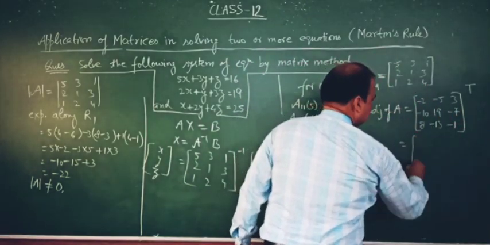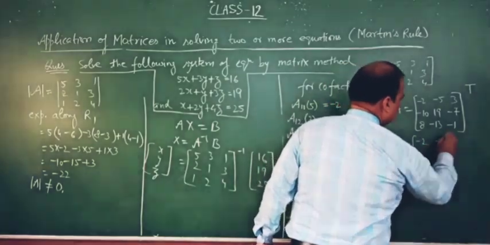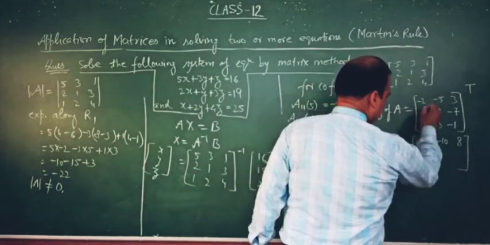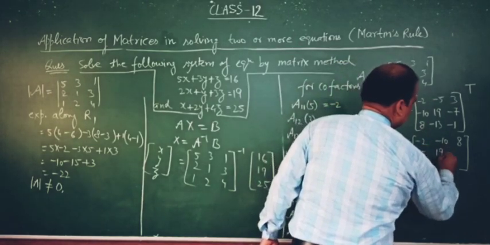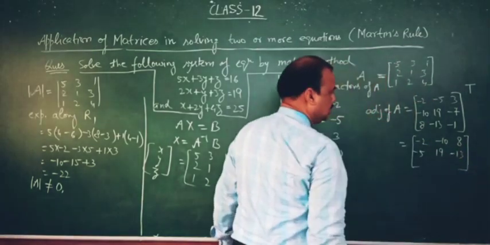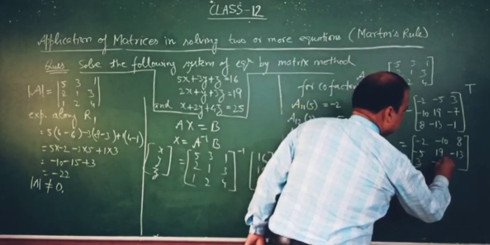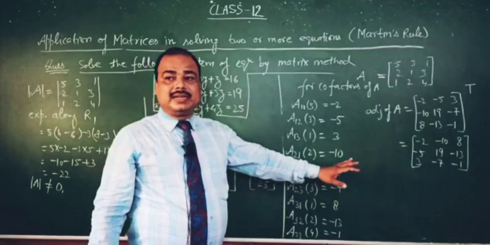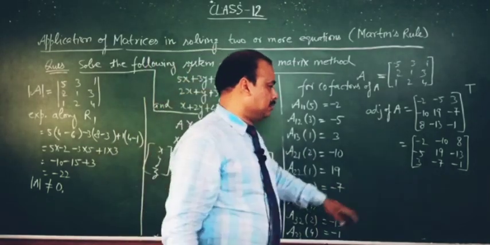Transpose of this matrix, it means negative 2, negative 10, 8, negative 5, 19, negative 13, 3, negative 7 and negative 1. This is the adjoint of matrix A.